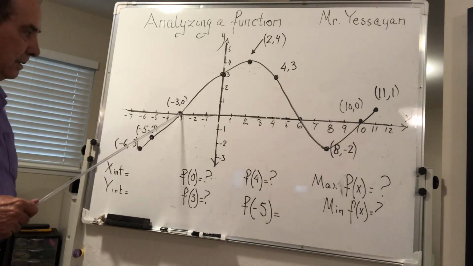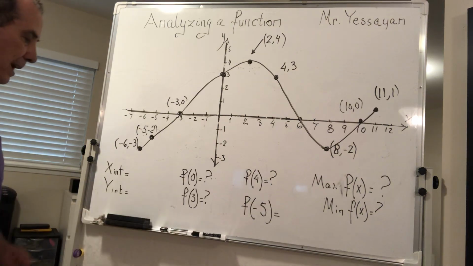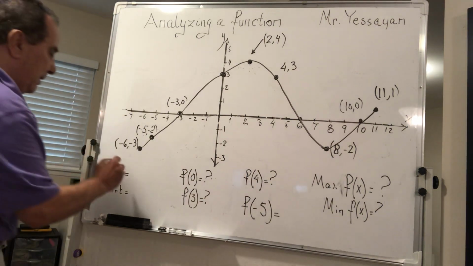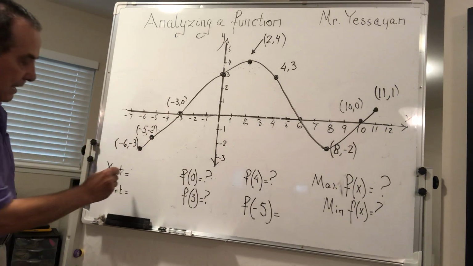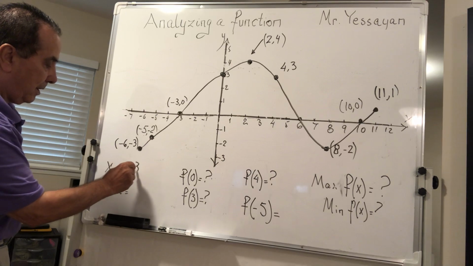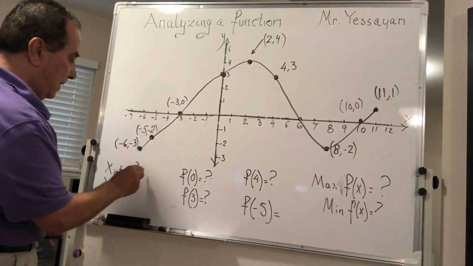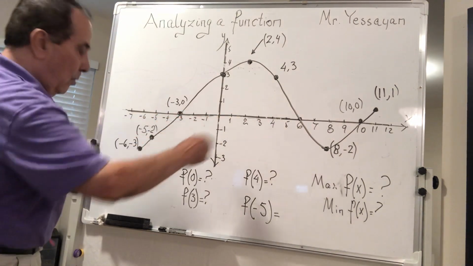That's 1, that is 2, that is 3. So we have 3 x-intercepts. We always start from the left-hand side. One of them is -3, one of them is 6 over there, and one of them is 10 over there.